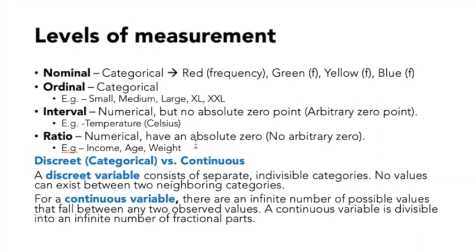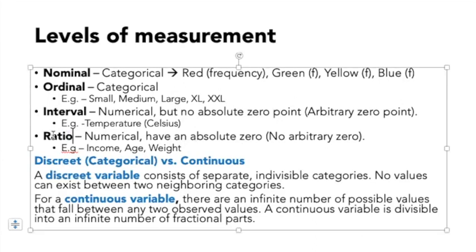If you give an exam paper to school students, the 0 there is an absolute 0, so the exam paper comes under the ratio scale. But if you measure temperature, that is interval. If you measure t-shirt sizes, shoe sizes, and stuff like that, it would be ordinal. And then religion, ethnicity, gender, those would be nominal variables.